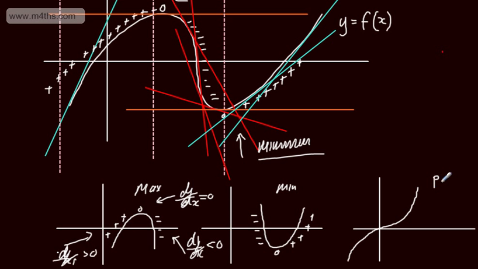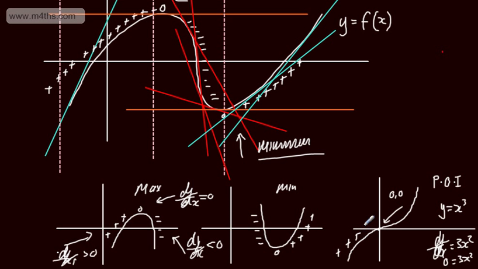Now this is a point of inflection. If we consider y is equal to x cubed, we can tell this is a stationary point as if I take the derivative dy by dx, that gives me 3x squared. So for stationary points, 3x squared will be equal to 0, so x will be equal to 0. So this point right here is a stationary point.